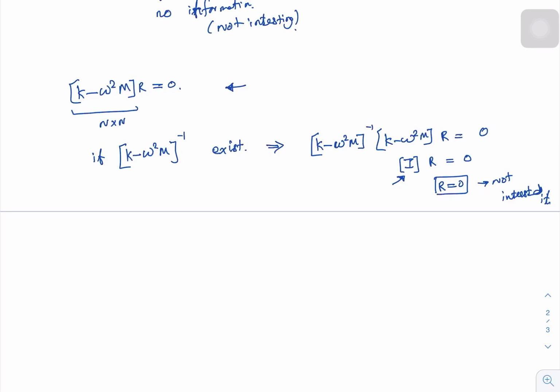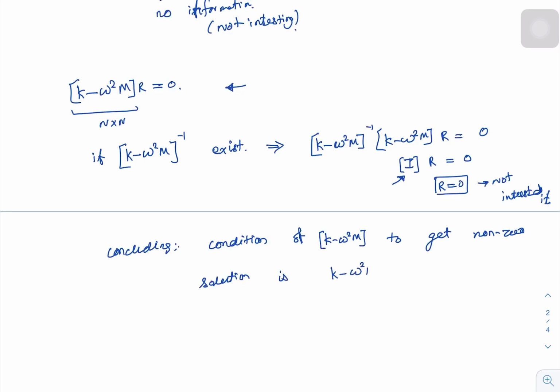So I am concluding that the condition of the matrix K minus omega square M, to get a non-zero solution, is that its inverse should not exist.